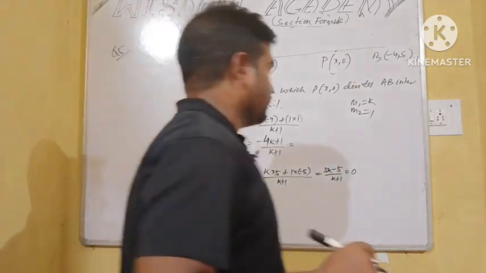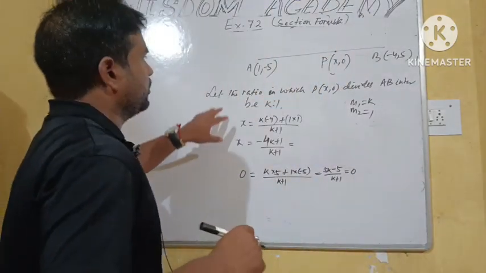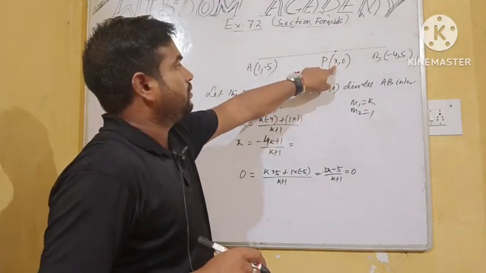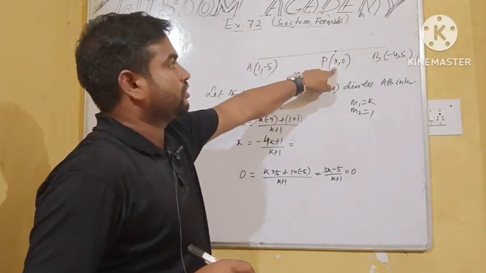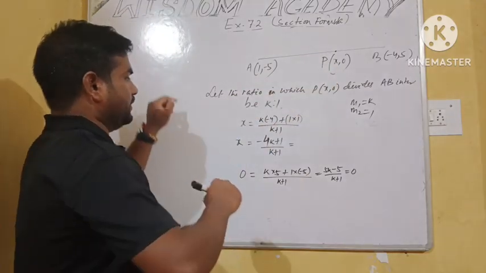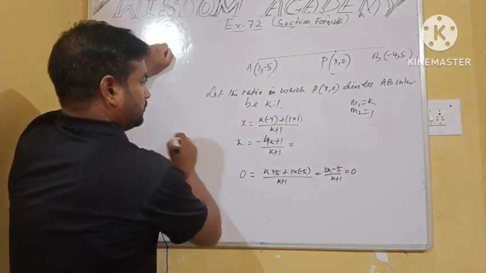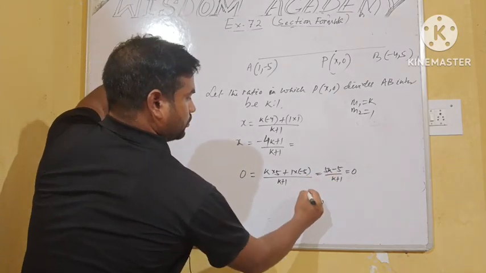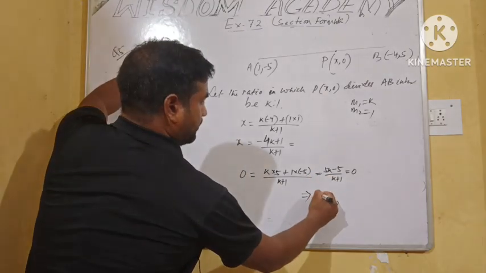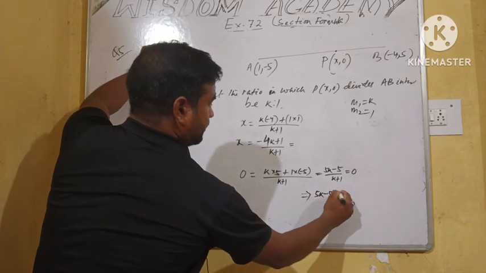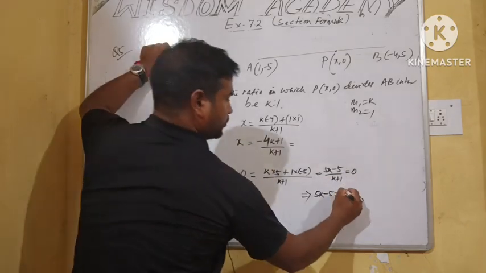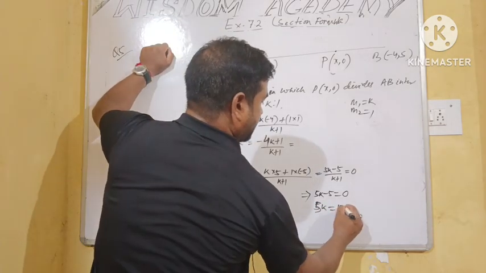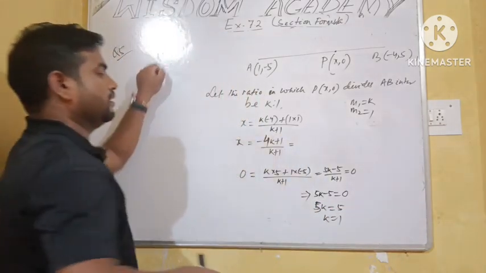Then we have to find the value of x. So 5k minus 5 over k plus 1 equals 0, so 5k minus 5 equals (k plus 1) into 0, which is 0. 5k equals plus 5, k equals 1.